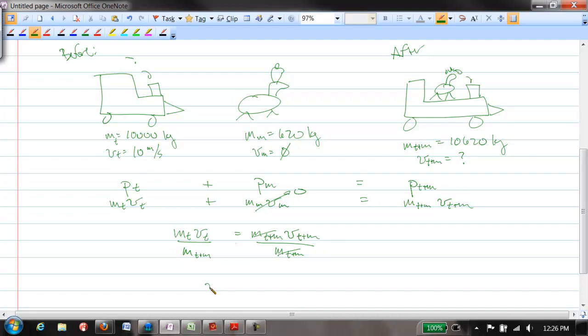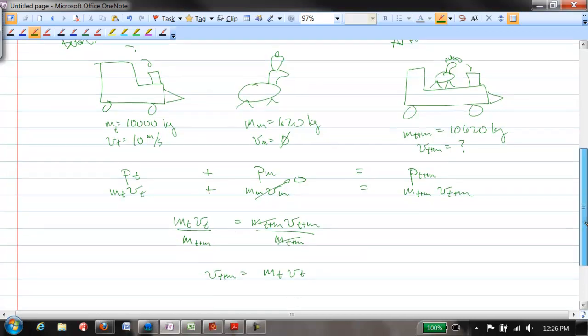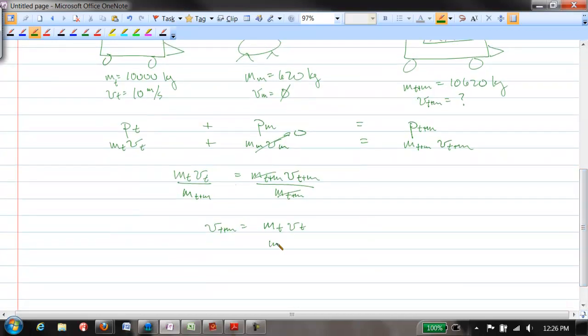So I'm left with the speed of the train plus moose equals mass of the train times the speed of the train divided by the mass of the train plus moose, or 10,000 kilograms times 10 meters per second divided by 10,620 kilograms.